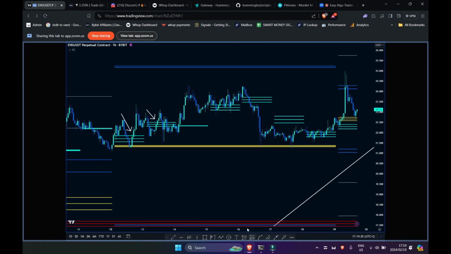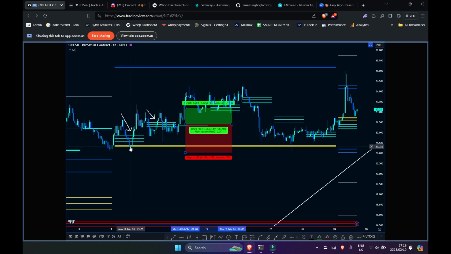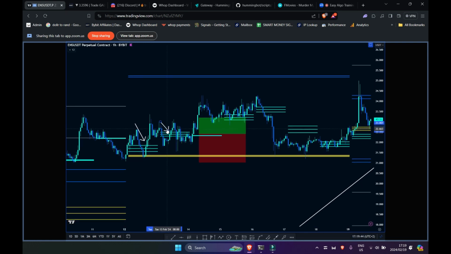But the thing to keep in mind, you always want your stop loss underneath the pivot. I go underneath the pivot, and if there's a swing low, I go underneath that low. So if we're entering higher up, it just means our stop loss has to be much bigger. If we entered over here, that would have been a 5% stop loss, as opposed to if we entered over here, it would have been a 3.8% stop loss.